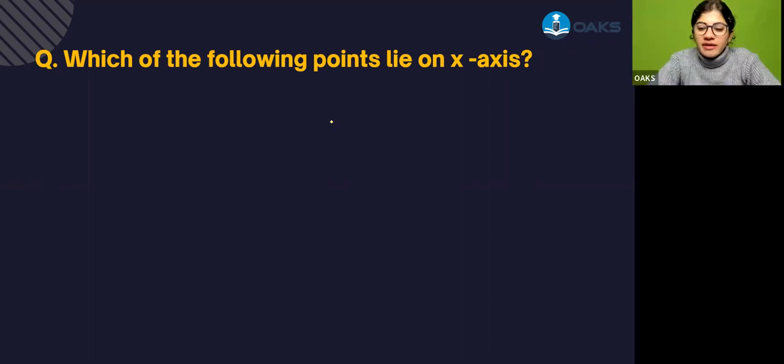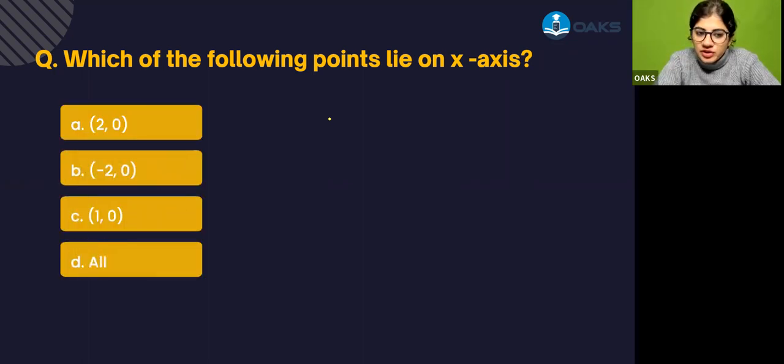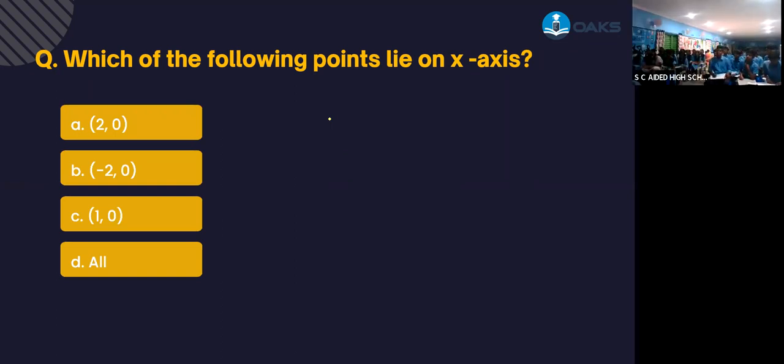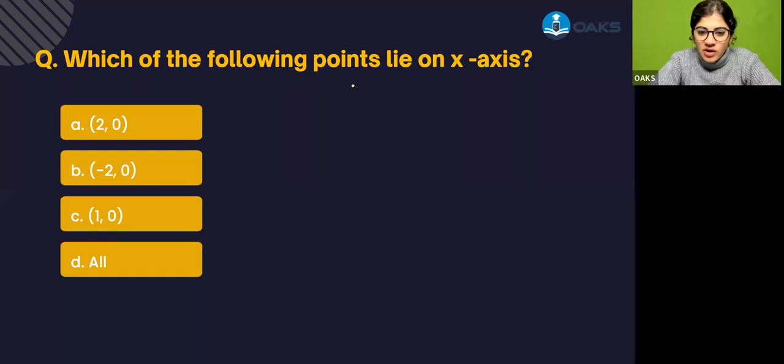You have to tell me the answer to this question, and these are your options. Which of the following points lie on the x-axis? D, madam. Okay, you are saying all the points? Madam. Okay, you can sit down.